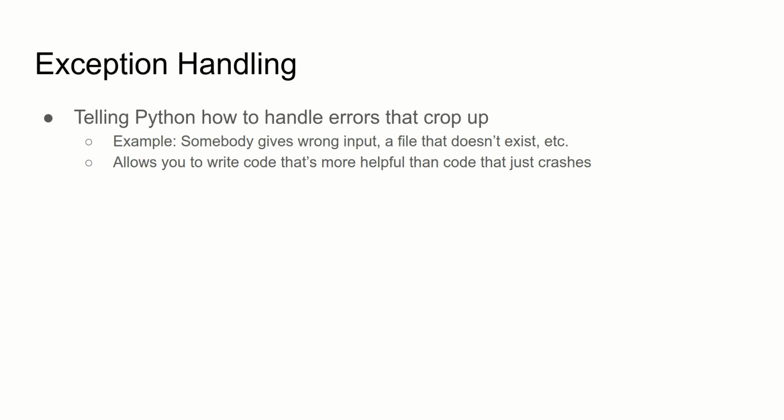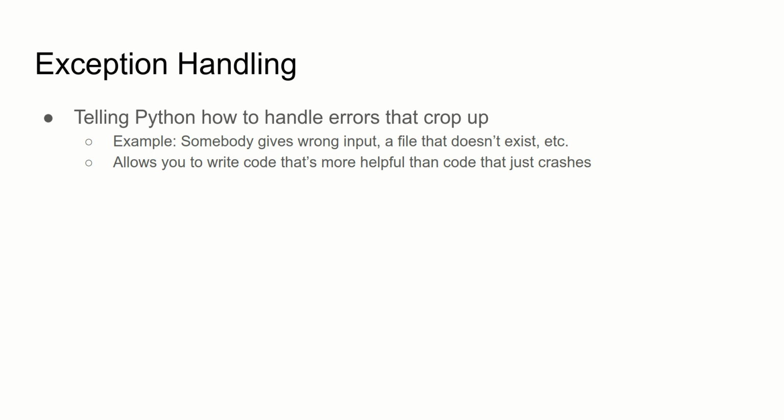This is especially helpful for errors that you can't detect, or that it would take many more lines of code to try to detect the error than it might take to just handle that the error has happened. So, for instance, files can be very prone to errors because, one, someone might give us a file name that doesn't exist in the first place, and then we attempt to open it and an error happens.